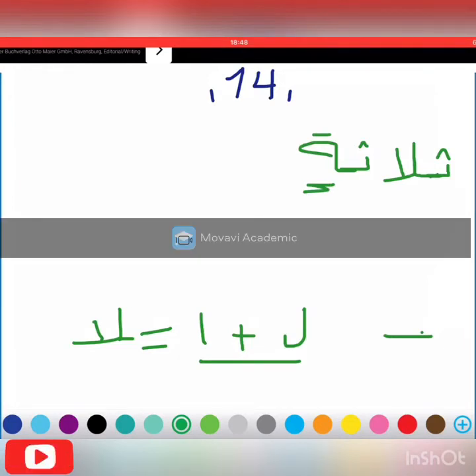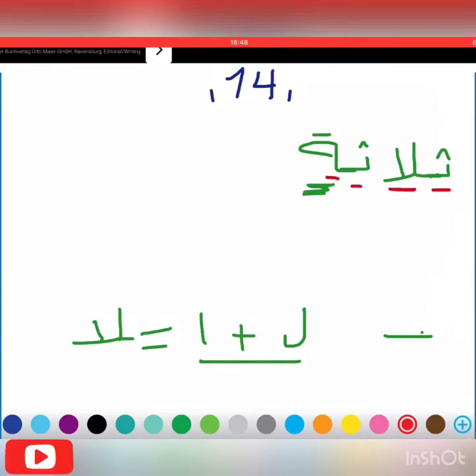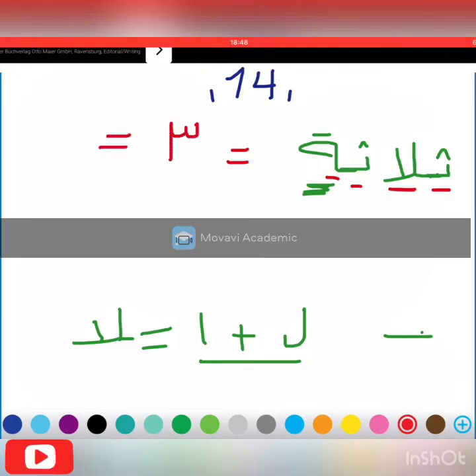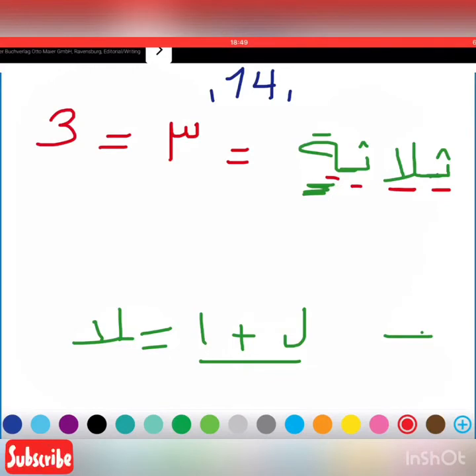I told you at the end when we say this is ta marbuta. Okay, ثلاثة. How do we write it in Arabic? We write it like this. Okay, this is 3. ثلاثة. صفر واحد اثنان ثلاثة.